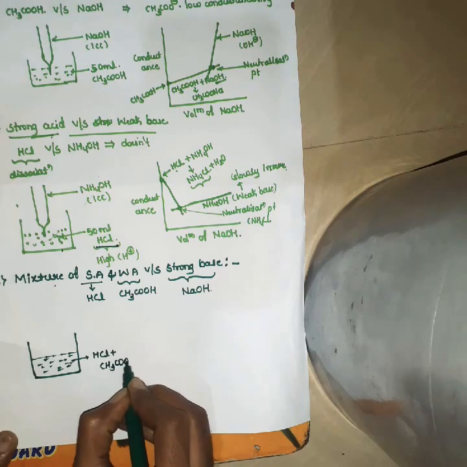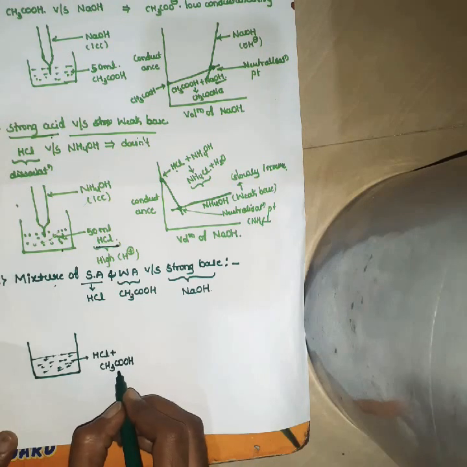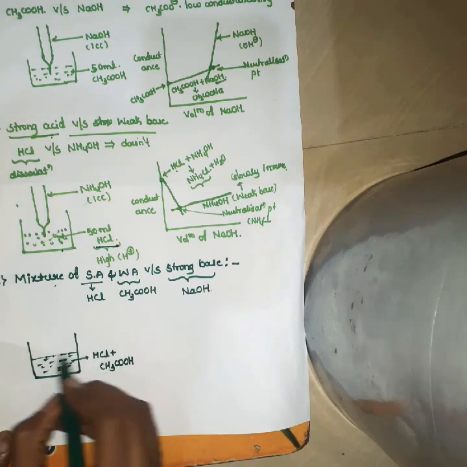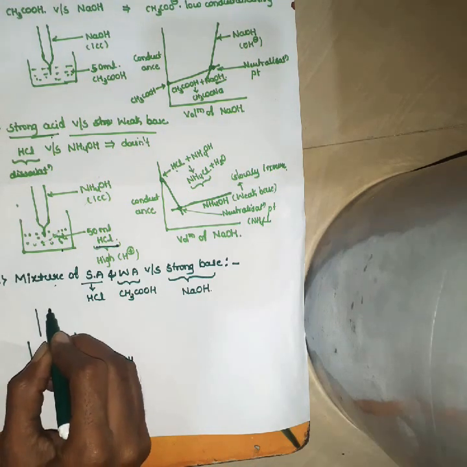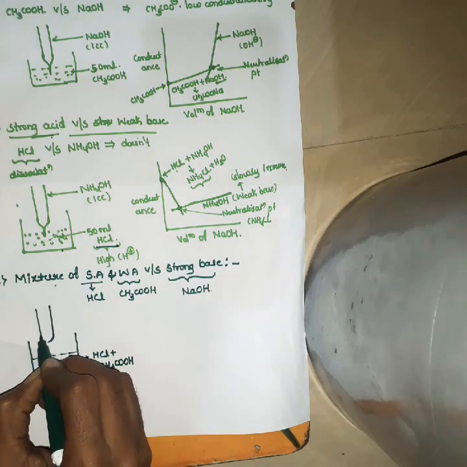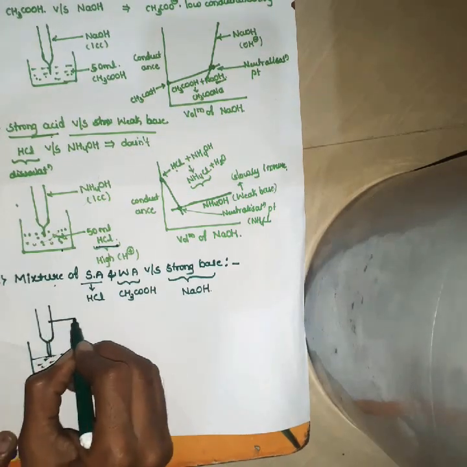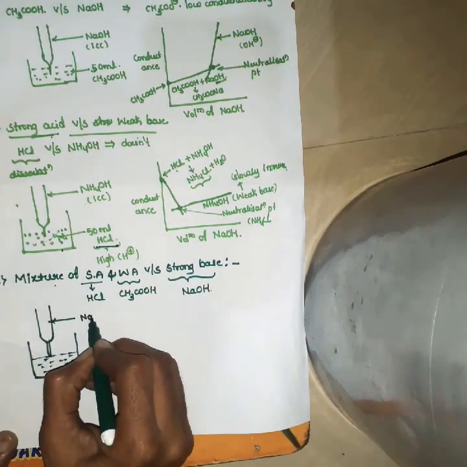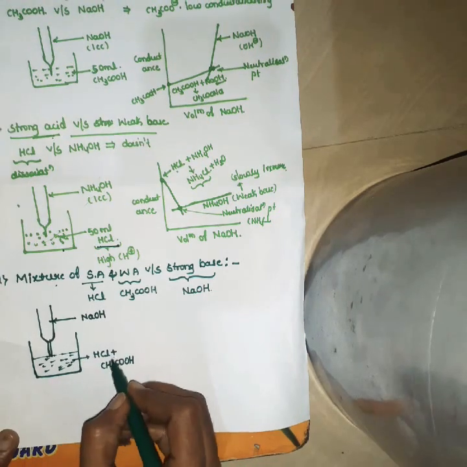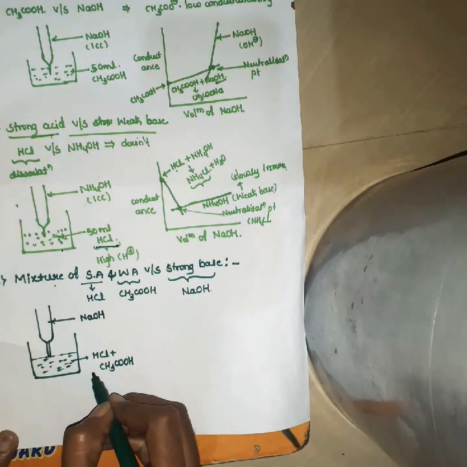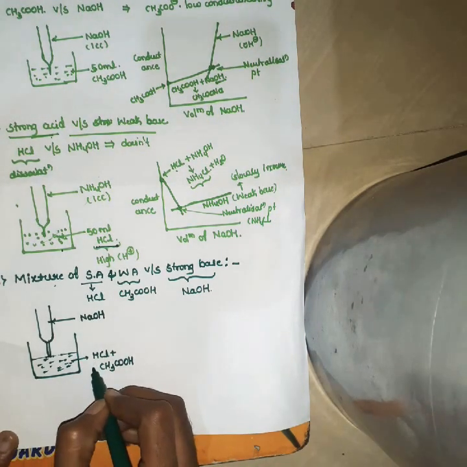HCl is a strong acid, acetic acid is a weak acid. Then in the burette we take NaOH. The conductivity cell is also present, and we are measuring the conductance of this solution.